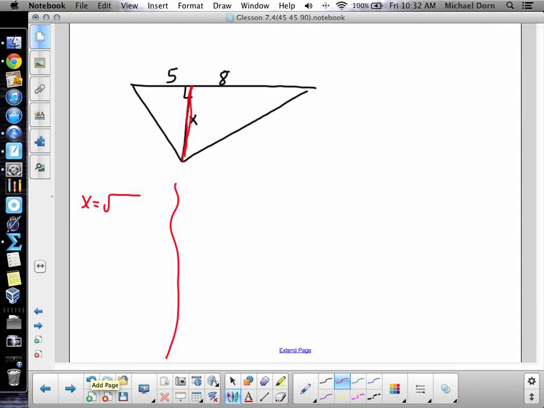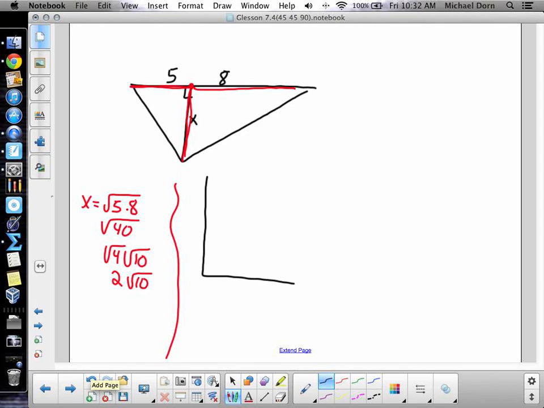I have two segments along the hypotenuse that have that same endpoint. Well, one of them is 5, and the other one is 8. So that's square root of 40, which is square root of 4 times the square root of 10, or 2 root 10. And we're done.